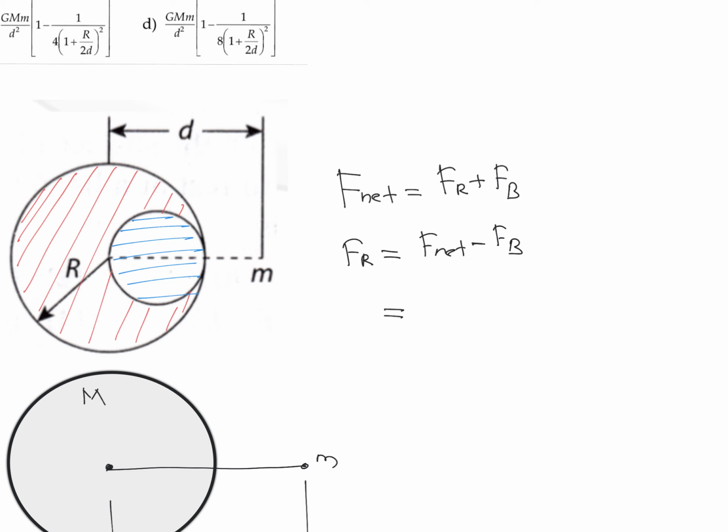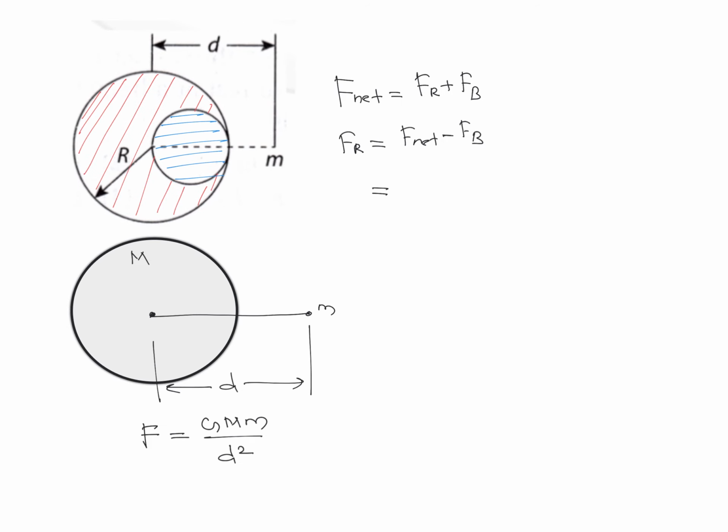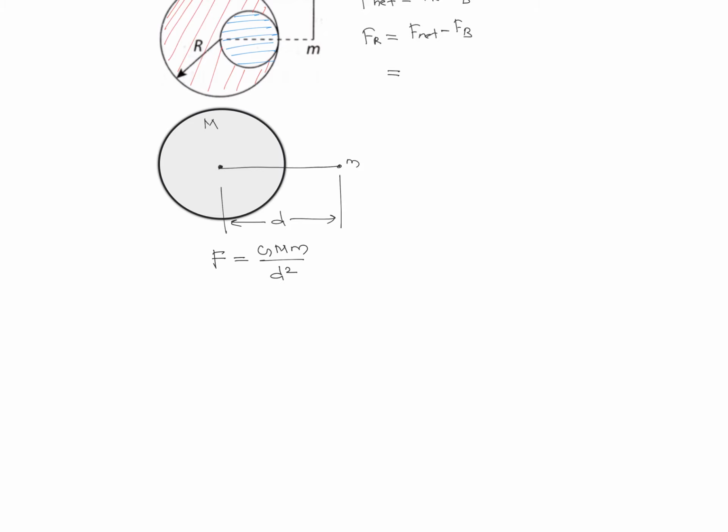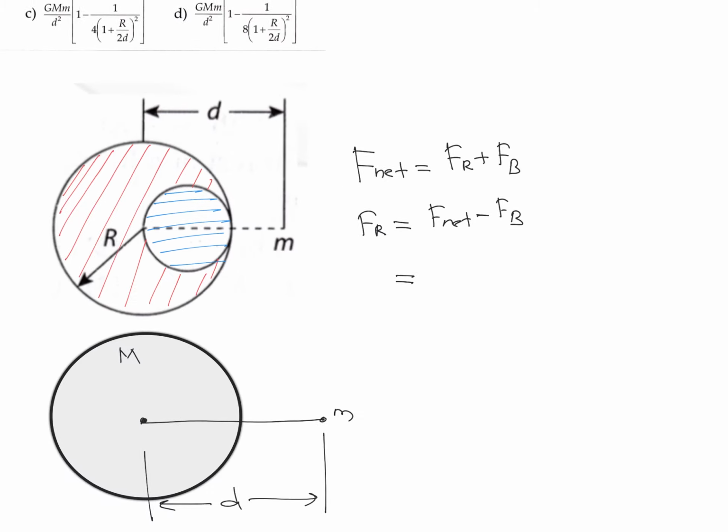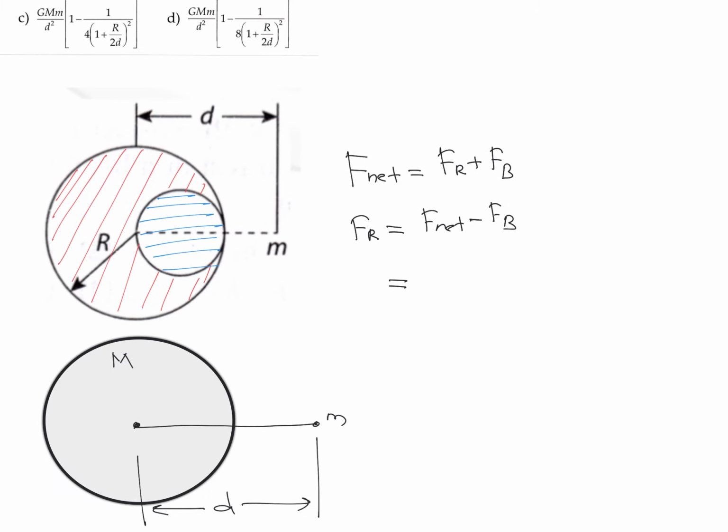The force due to the entire sphere we already calculated. Now let's see the force only due to the blue portion. To calculate it, we can assume the total mass of that part is concentrated at its center, and the radius of this portion is half the radius, so r by 2.